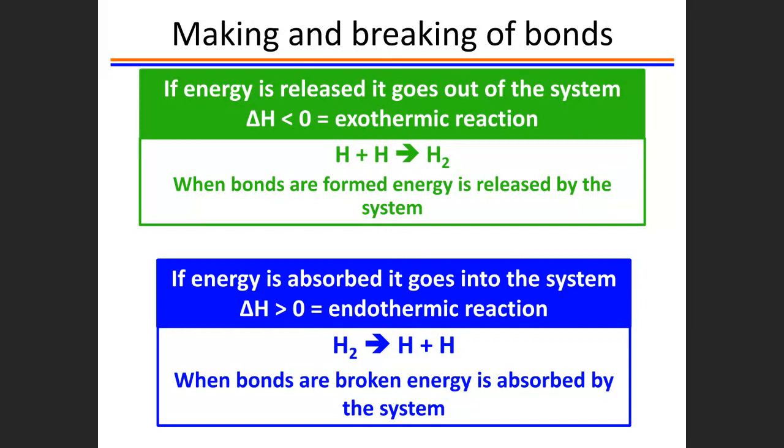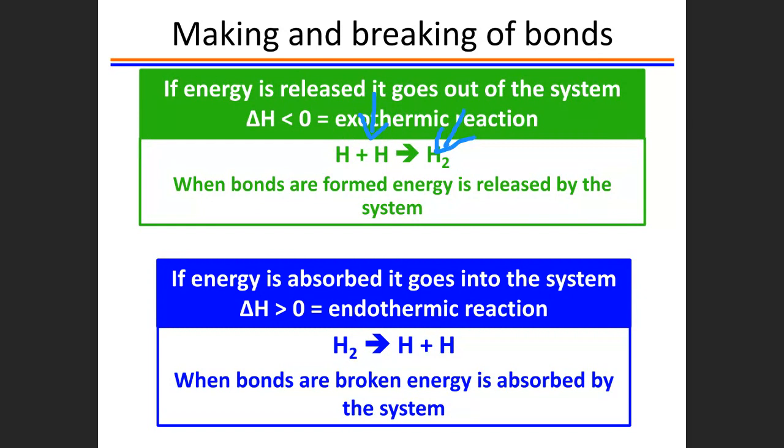Breaking down means dissociation. For example, a hydrogen molecule dissociates into 2 hydrogen atoms. But in the case of exothermic, 2 hydrogen atoms combine to make the hydrogen molecule. So whatever you see, breaking down is endothermic, and formation is exothermic.